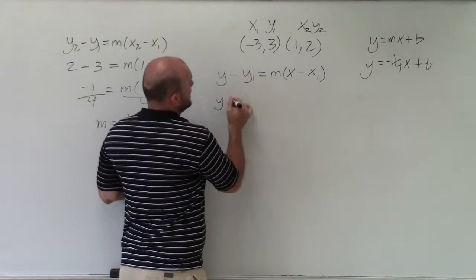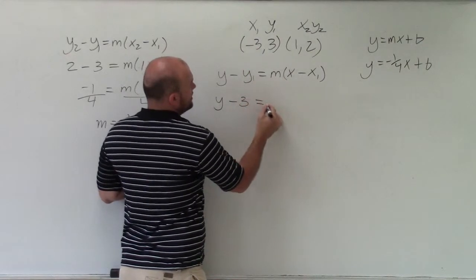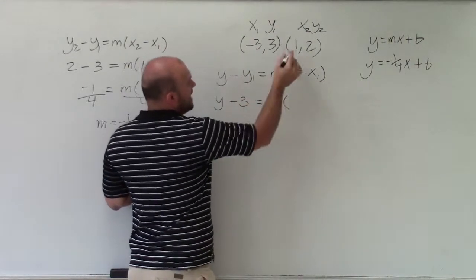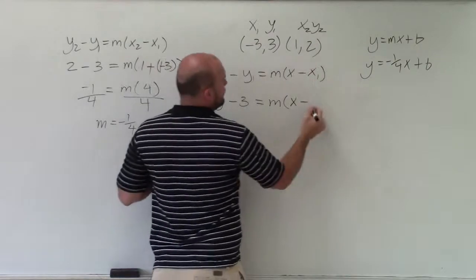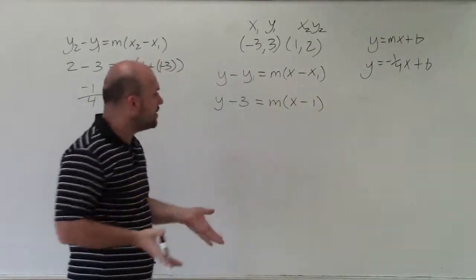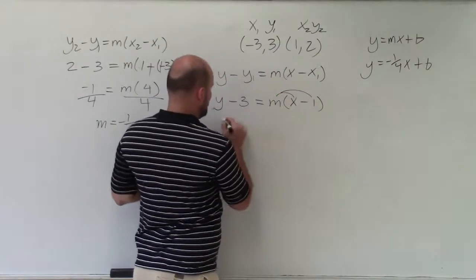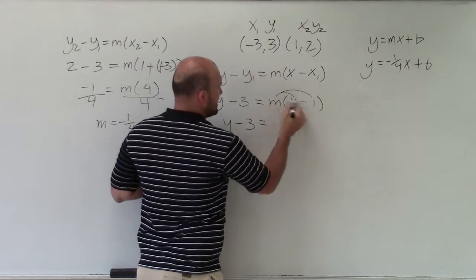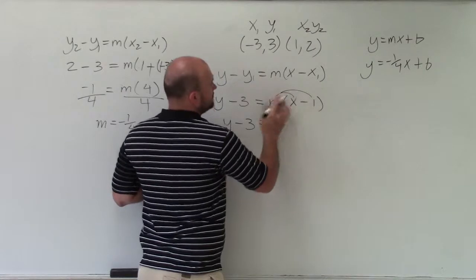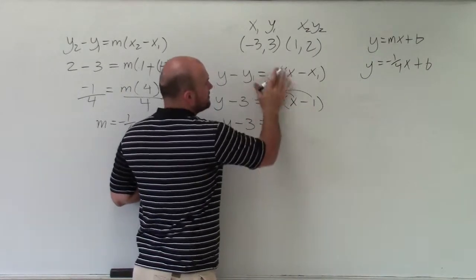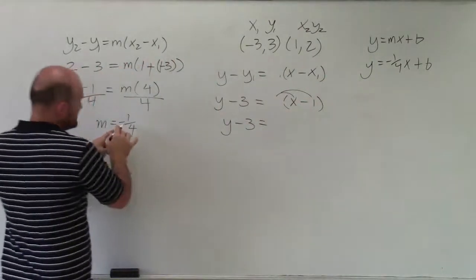So then I have y minus y1, which is 3, equals m times x minus x1, which is 1. So now, to go ahead and put this into slope-intercept form, all I need to do is distribute this. We know m, though, right? So let's write in our m. Our m is -1/4.